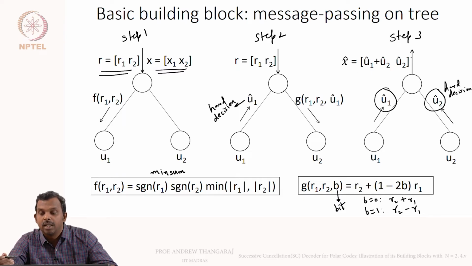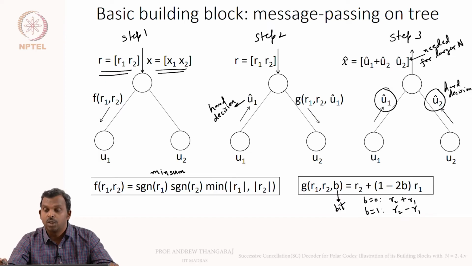X hat is this. As it turns out, this is needed for larger n. This kind of a flow is needed. You will see in the next slide, I will start describing n equals 4. For n equals 4, sending a message from this node is also important, so what it sends up will play a role. Strictly, if you are just decoding n equals 2, you don't need to go back and construct this x hat.